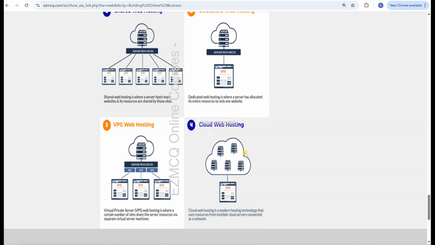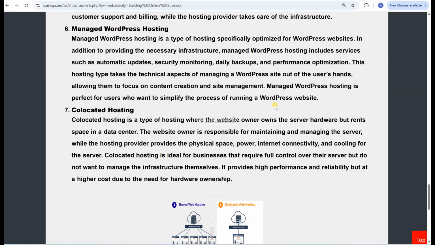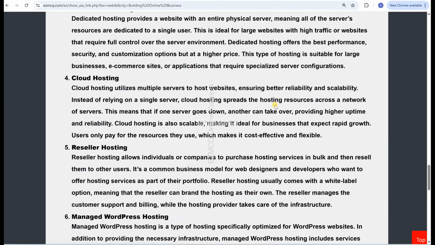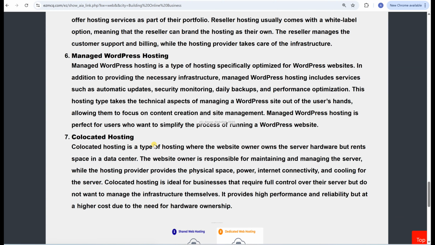There are multiple servers here, and you really don't know that you are getting your services from different servers. You see it as only a single server. So there are benefits, and there are different issues with these services. And of course, these are not the only four, so you can have co-located hosting also.